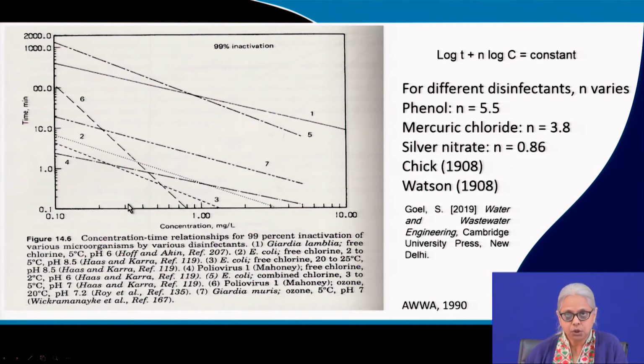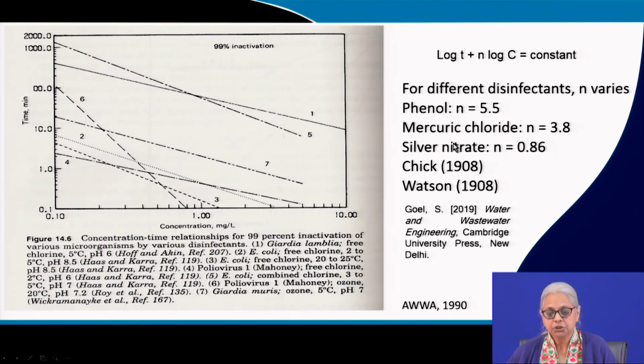So this is a 2 log reduction for different species: Giardia, E. coli, poliovirus. This kind of work has been done over a long period of time by various researchers in the field. So this is common, and this is based on this equation. So these are the things that one can do.